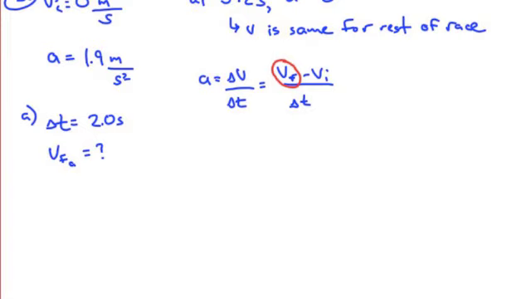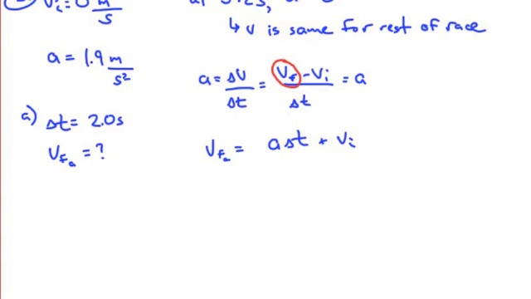So if we were to rearrange that, this is equal to A, we would bring our t up to the A side by multiplying both sides by delta t. So let's do that. VFA is equal to A times delta t. And then we're going to add VI to both sides to bring it over to the other side of the equal sign. So we're solving for VFA.